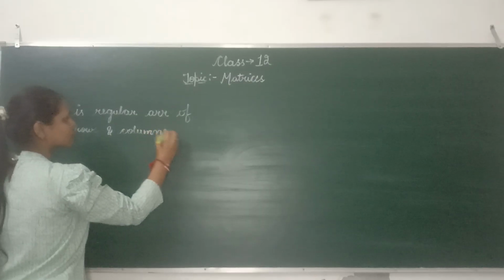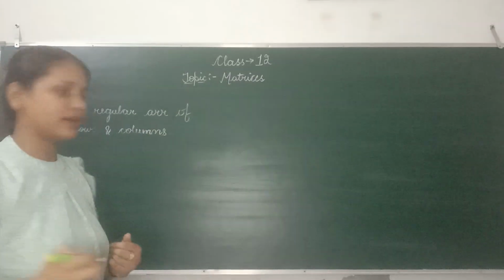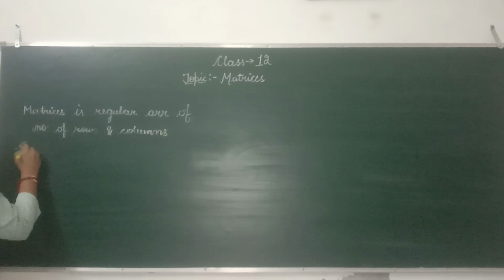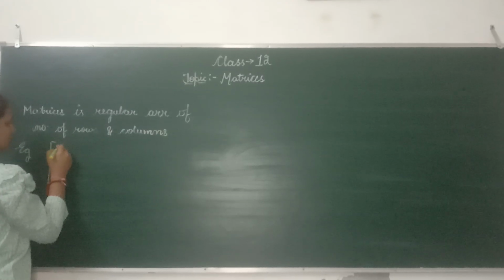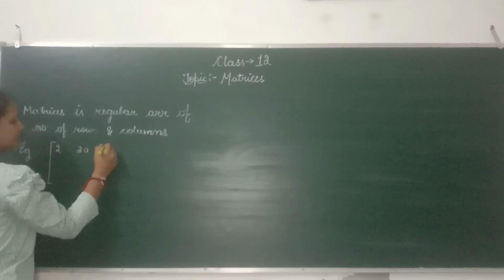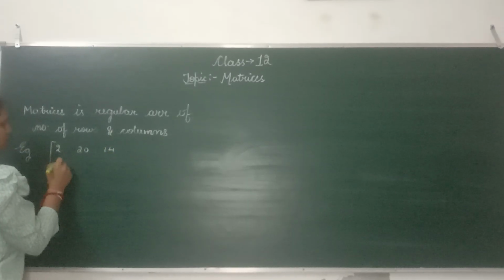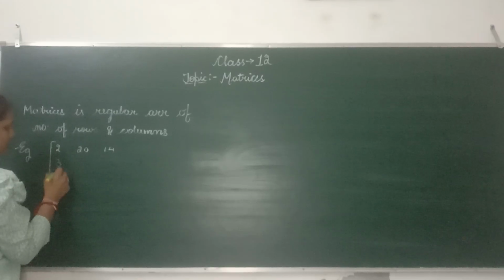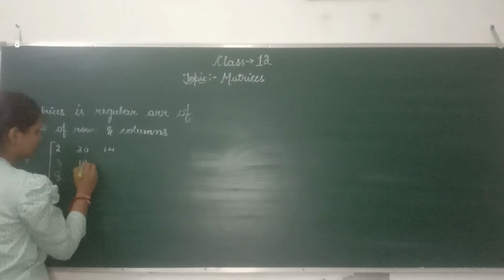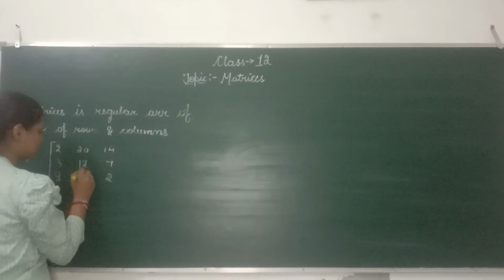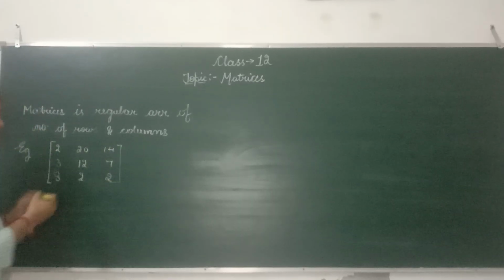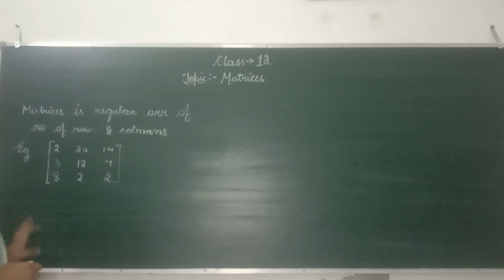Now, by taking an example, let us take this example of 2, 20, 14, 3, 8, 12, 7, 2, 2. So this is a matrix.